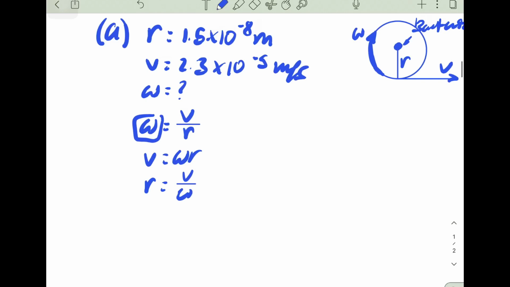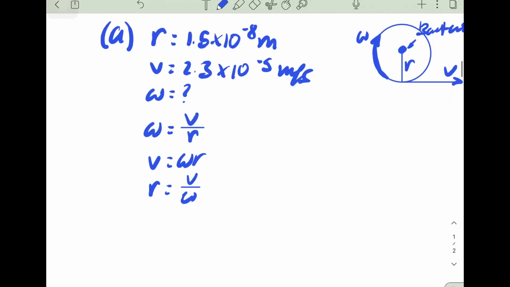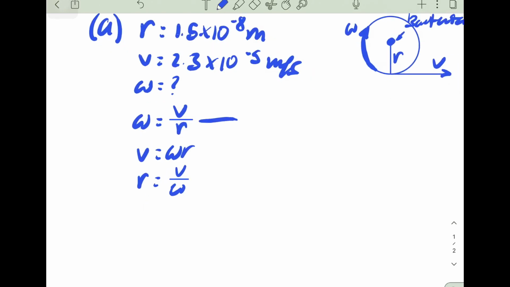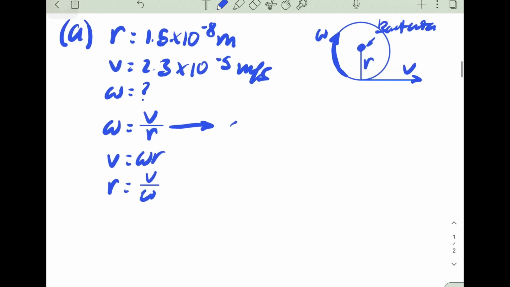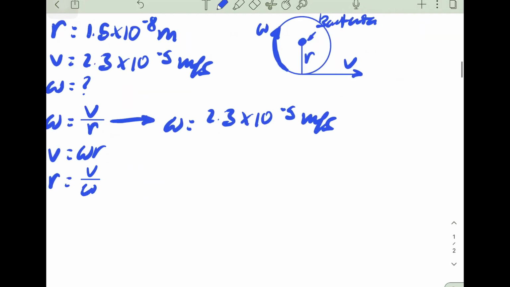They're asking for the angular velocity, and we have the equation and both values we need. We're going to plug in the values we've written down, because we're resourceful and we know what we're doing. We get our tangential velocity and sub that in for the v. Usually when I sub in, I use parentheses, though you don't really have to.